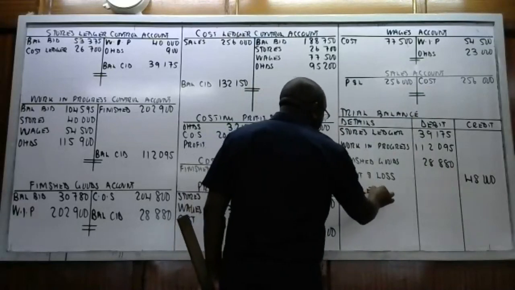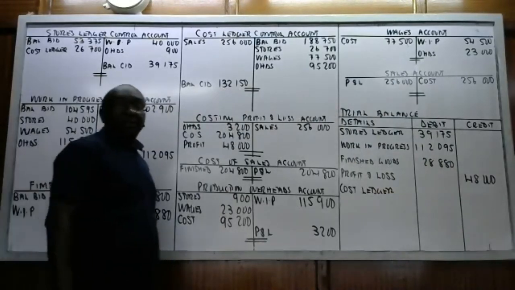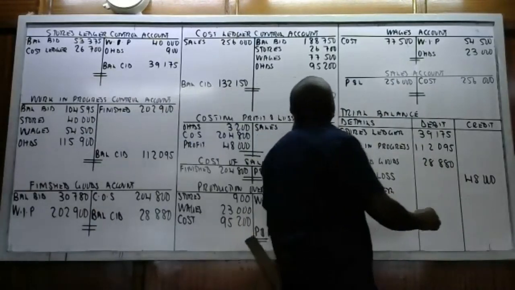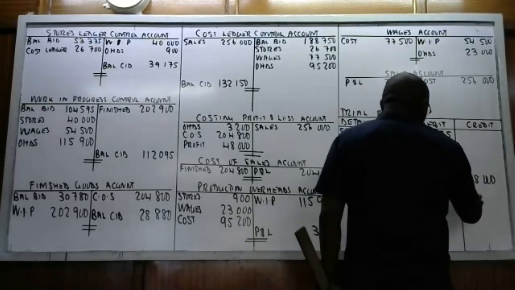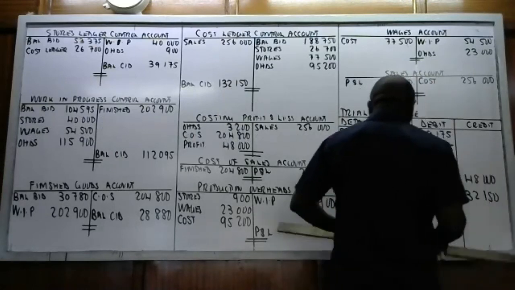And then the cost ledger or the finance ledger. Remember, this one has two names. You can call it cost ledger, you can also call it finance ledger. That is a credit balance of 132,150.